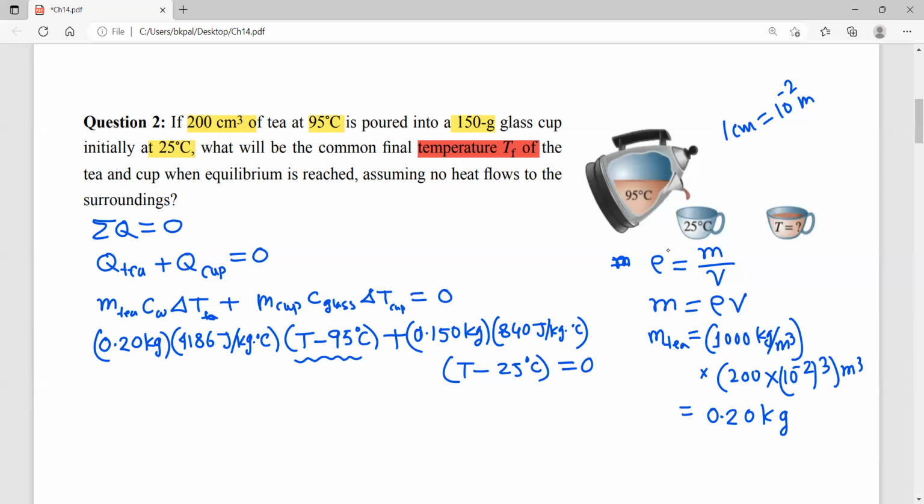So we'll have 4 terms. Let me write down all the 4 terms and then do so.